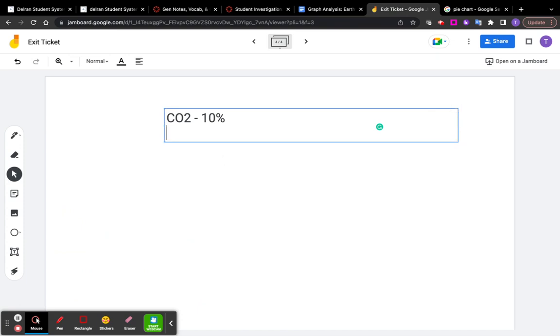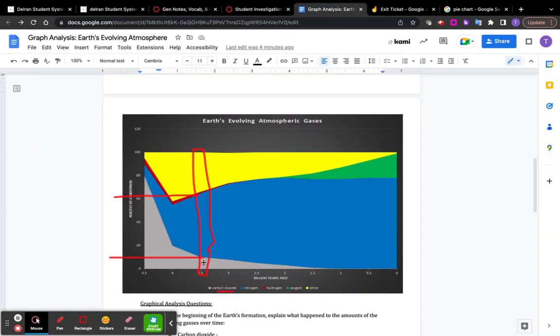So you have to do a little bit of subtracting. So nitrogen is 60% minus the 10% from the CO2. So it's about 50% of the atmosphere is nitrogen. See, we're starting at 10, going up to 60. So from 10% up to 60 would be 50.